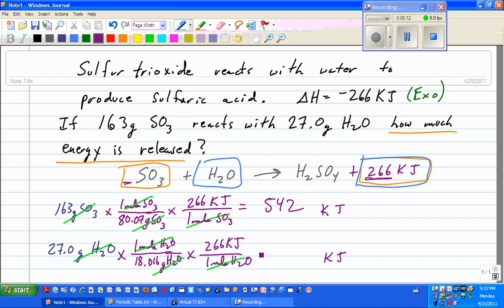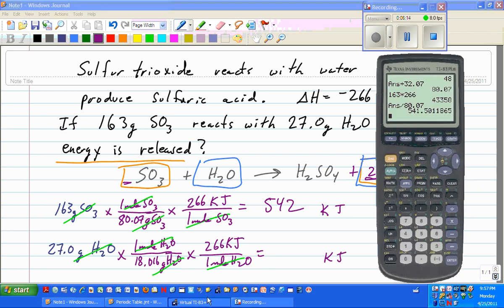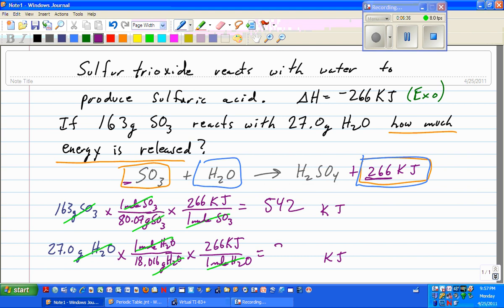I can grab the calculator and calculate how much energy. So I've got 27 times 266, hit enter, divided by 18.016, hit enter, and that is 399 for 3 sig figs, 399 kilojoules. So again, it's the least amount that I choose.